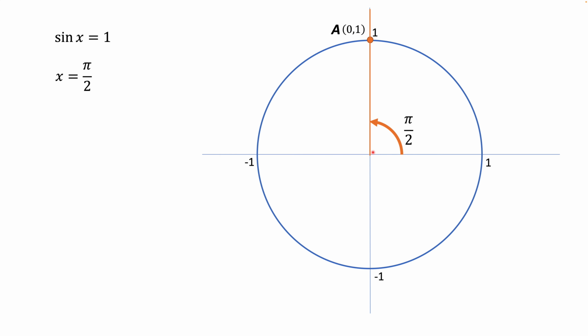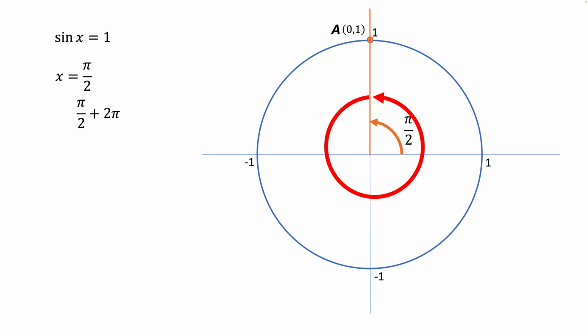Should we stop here? Well, what if I want to be at pi over 2 and then go around another circle? So now my angle is actually pi over 2 plus 2 pi. But I'm going to get to the same point A where I was before. And that point A has vertical coordinate of 1.